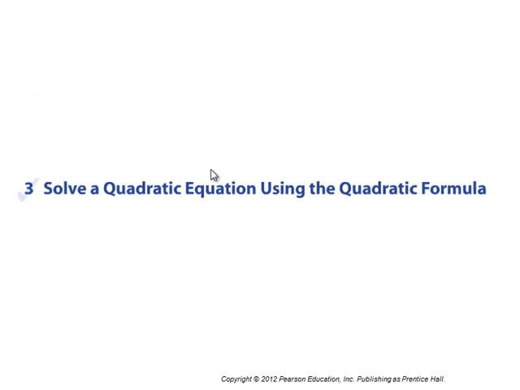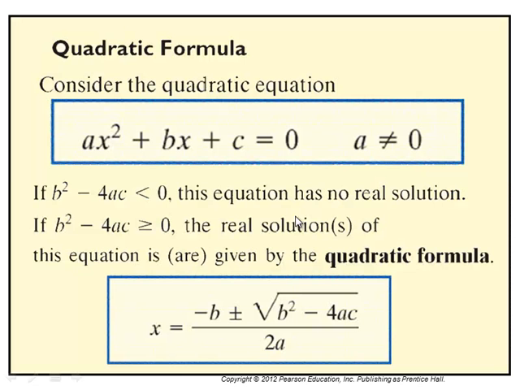Moving along here, using the quadratic formula. Here's the quadratic formula that says if you have an equation of the form ax squared plus bx plus c equals 0, then x is going to be given by this formula right here, provided that b squared minus 4ac is not negative.